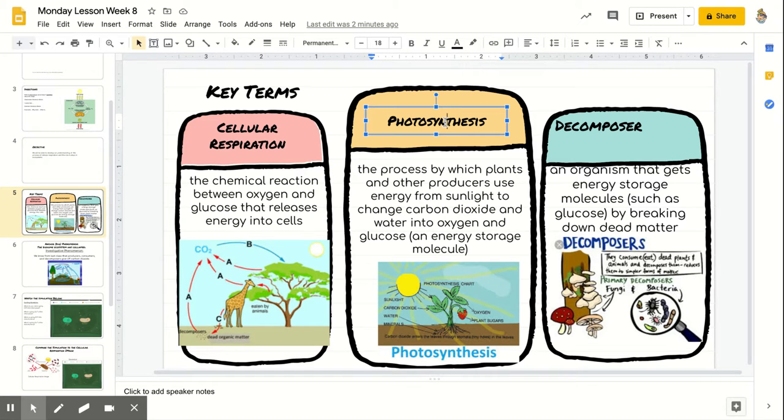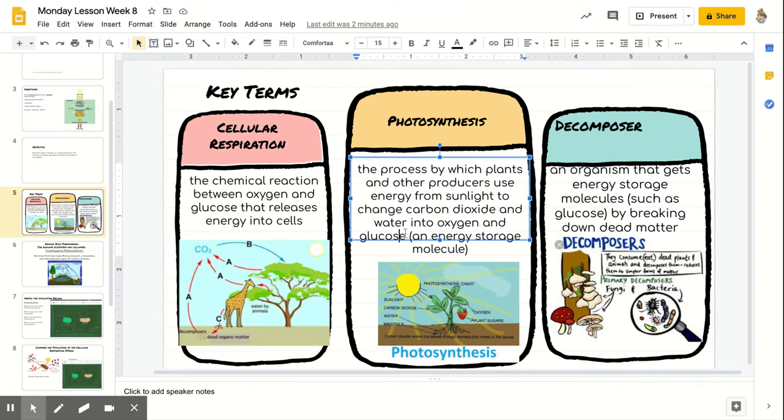Then we have photosynthesis, which we've been reviewing from before, which is this process that plants do. Plants, or producers, because we know producers are plants, use energy from sunlight to change carbon dioxide and water into oxygen and glucose. So they're producing oxygen and glucose. These are those products.